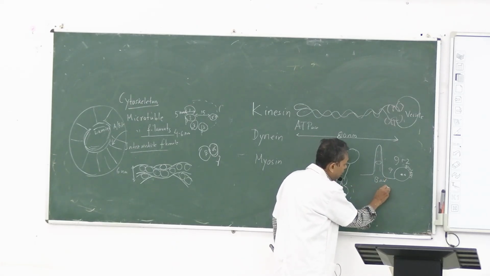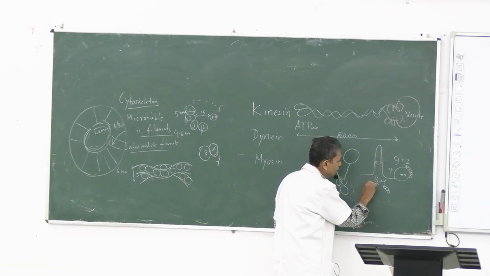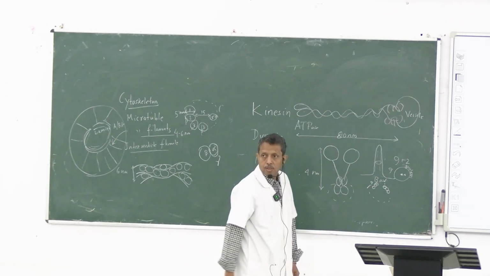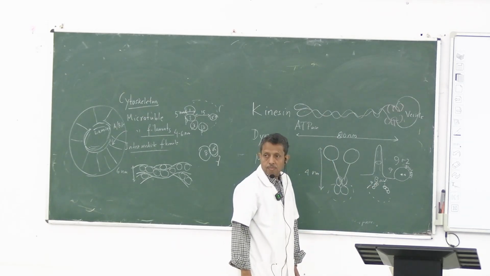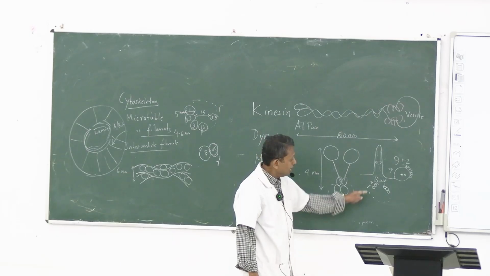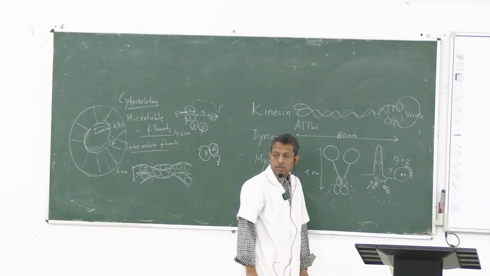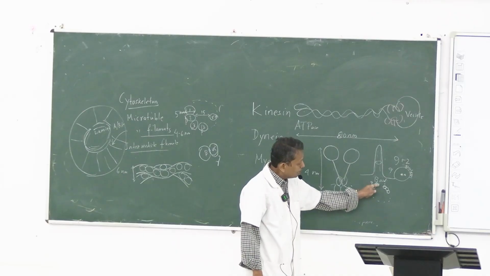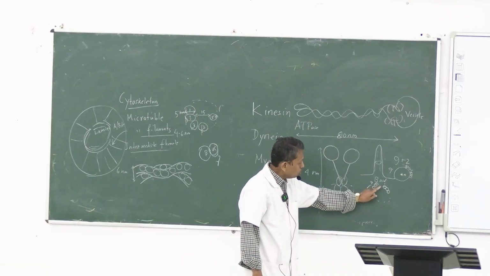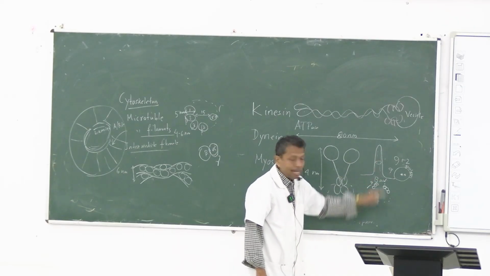They have this triplet arrangement, positions 1 through 9, similar to that of the centrosomes, and they are exchangeable. So really the basal body is equal to the centrosome, from which the cilia arise.